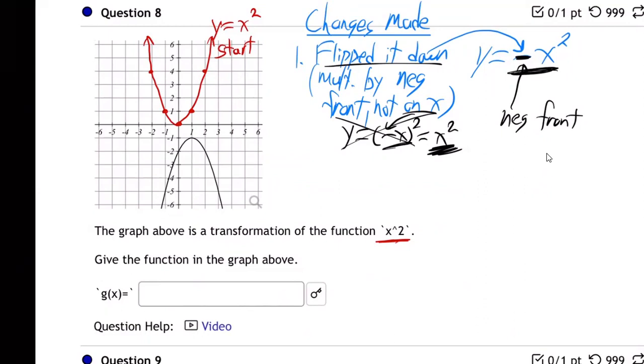Okay, now let's keep going with step 2, because that's not all that was done. If you just flipped it down, you'd be like this, right? But that's not all they did. What else did they do after they flipped it down? They moved it right 1. What's going to move it right 1?